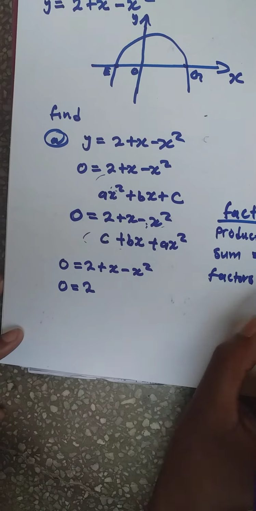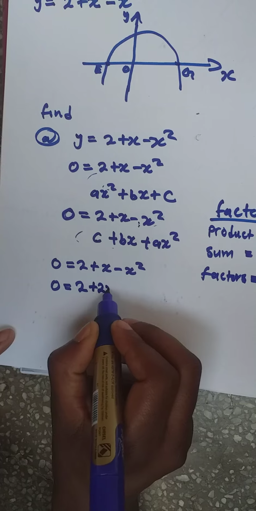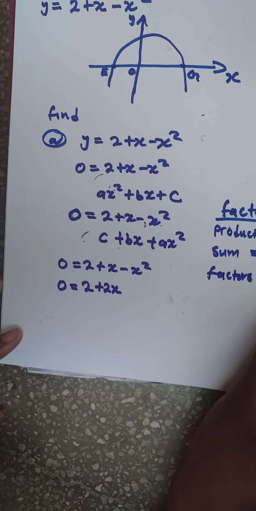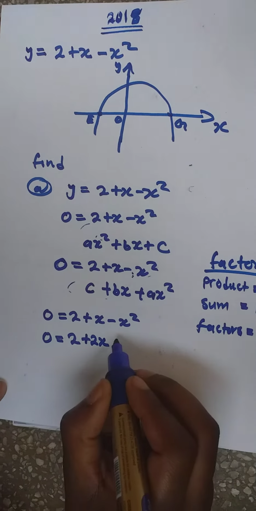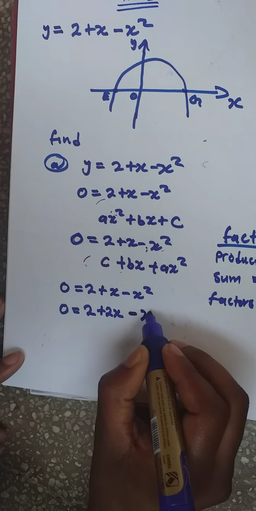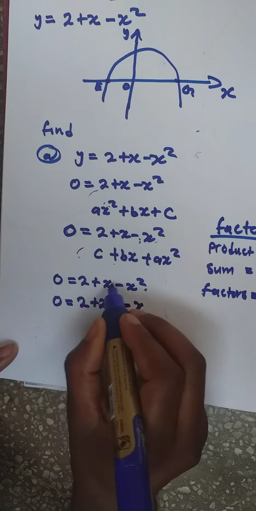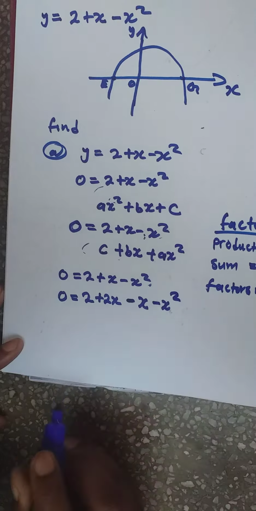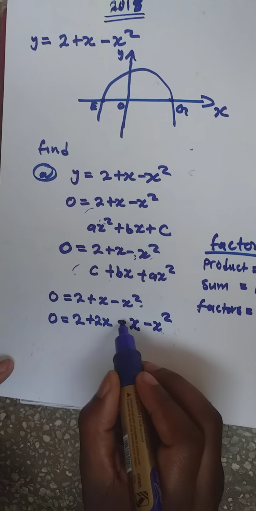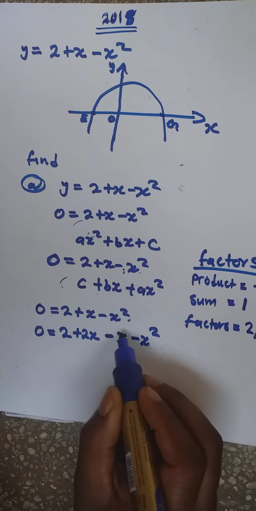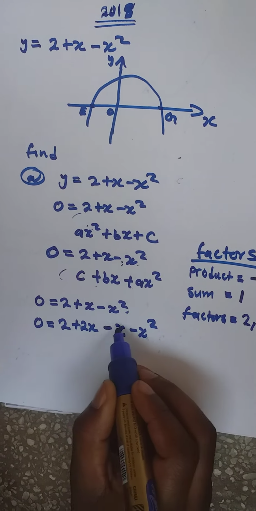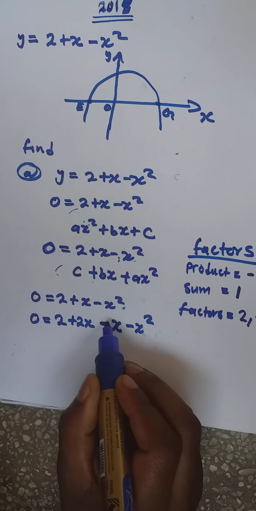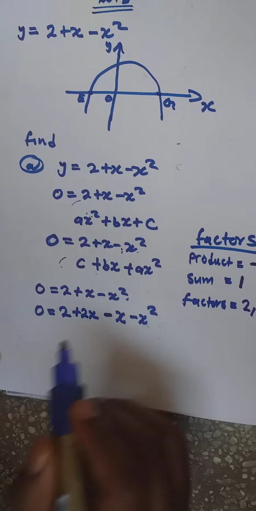So since 2 is positive, it will be plus 2x. And then since 1 is negative, we're going to say minus x. We replace only the middle part, so the negative x squared remains. Instead of writing negative 1x, because negative x itself means there's 1 in front, it's the same as the plus 2x minus 1x. So that's what we've written here.